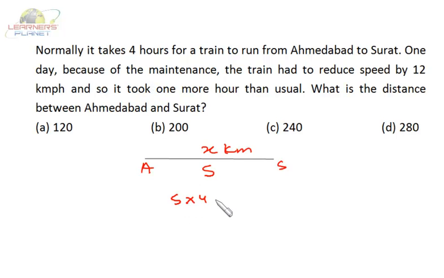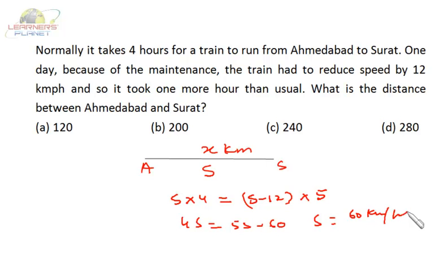And this distance is the same. If it reduces speed by 12 kilometers per hour, the new speed is s minus 12 and the time is 1 more hour than usual, that means 5. So 4s is equal to 5 into (s minus 12), which is 5s minus 60, that means s is equal to 60 kilometers per hour. And the normal time it takes is 4 hours. At the speed of 60 kilometers per hour, it must cover 240 kilometers. That means Ahmedabad to Surat is 240 kilometers.